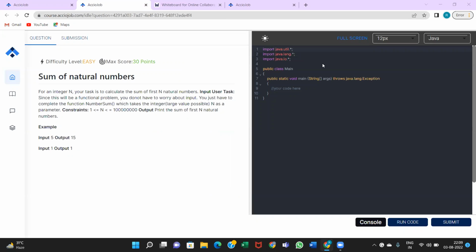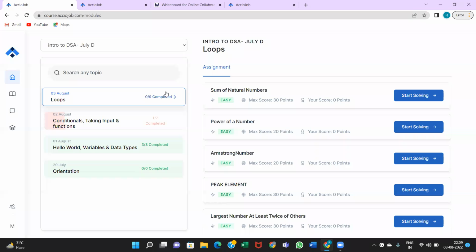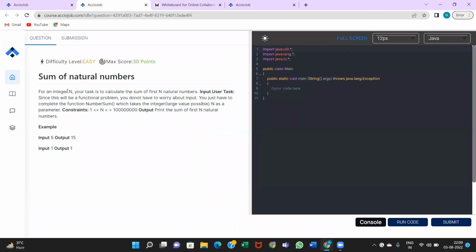All right. So we'll start with a very basic topic. Today we have loops. Let me just read the problem, and how I'm going to proceed is I'll read the problem and explain it to you guys, then we'll try to code it. Okay.